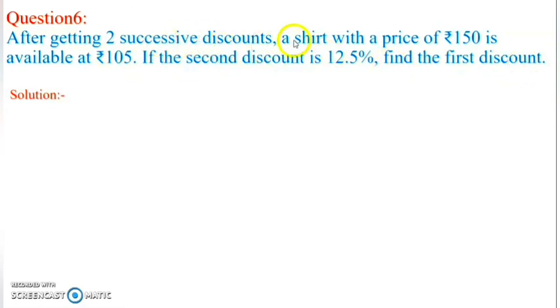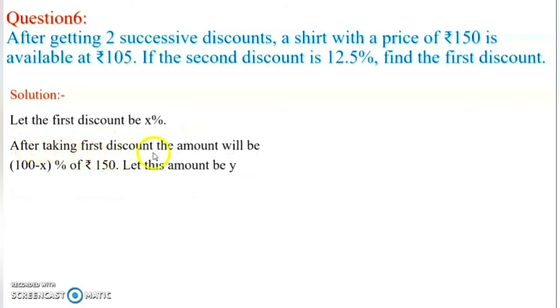So in this problem, the original price of the shirt is rupees 150, and after getting two successive discounts, the price becomes rupees 105, and I have to find the first discount. Let me denote the first discount by X. So let the first discount be X%. After getting the first discount, the buyer will have to pay (100 minus X)% of 150.